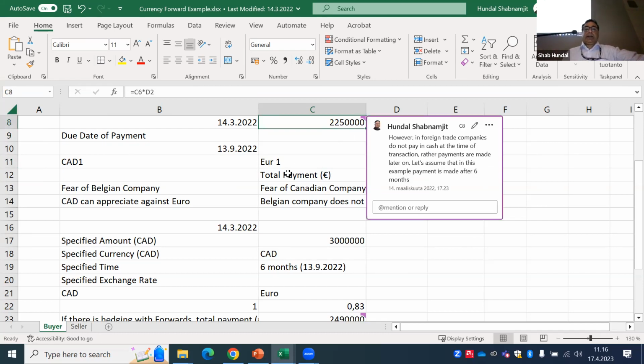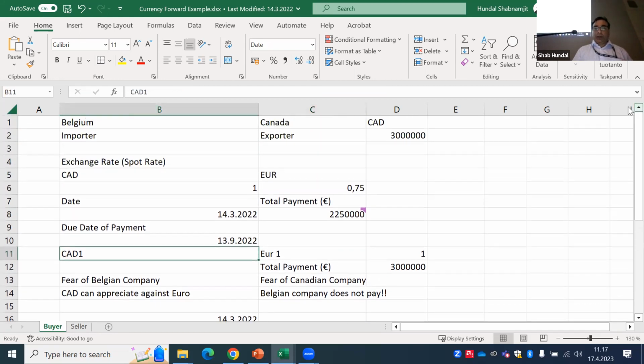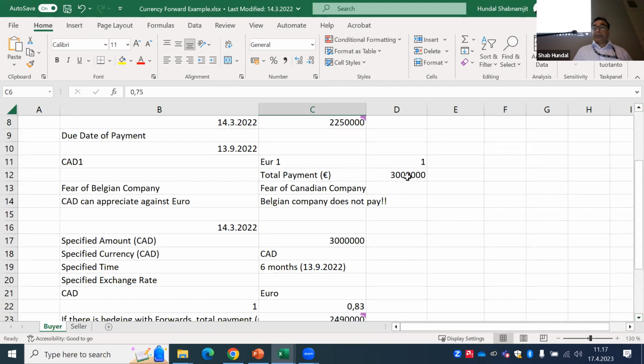It's a fact. But if the euro depreciates or the Canadian dollar appreciates, and at some stage it happens that 1 Canadian dollar is equal to euro 1, so instead of 75 cents, it becomes a full euro, then your payments will go up, how much?